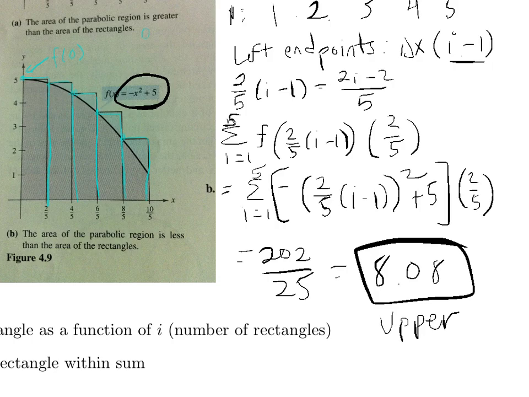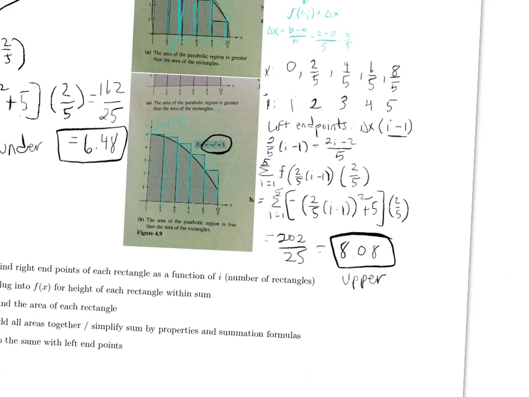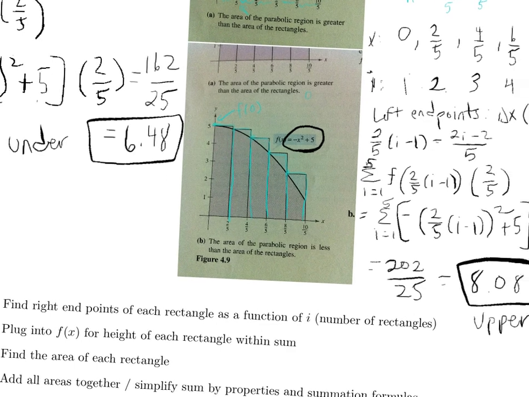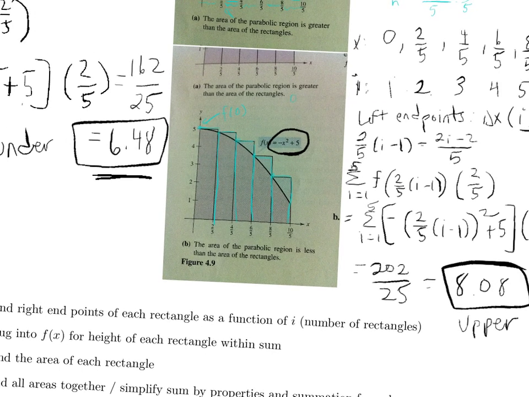All right, now it's important to go back and compare the two. The lower rectangles obviously had a smaller value. The upper rectangles had a bigger one. What is the actual area?